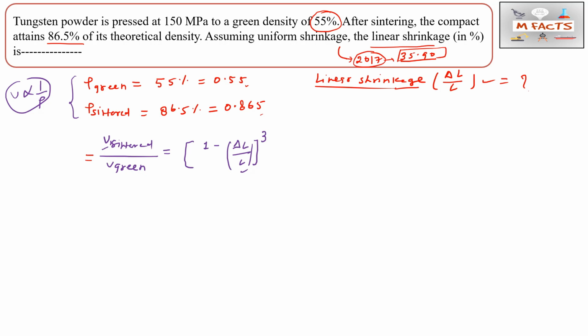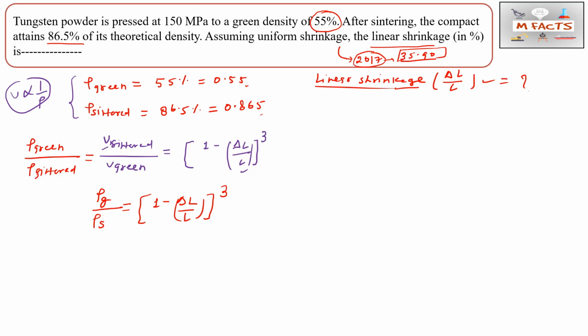In this case, rho green upon rho sintered. So this is the formula. Finally, rho green by rho sintered is equal to 1 minus delta L by L, whole cube. Okay, so this is the formula we have. I told you about the volume because in the near future they may ask about the volume also.